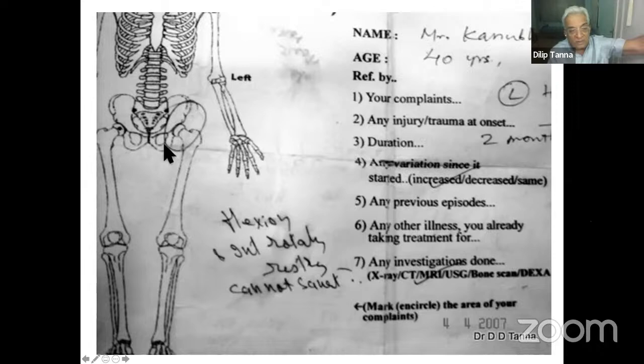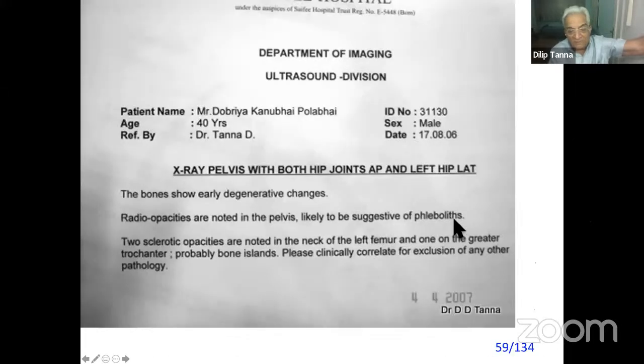Flexion and internal rotation restricted, and he cannot squat. I have this sort of OPD paper where I mark it so that I know I'm talking about the left hip, and the main gist of the thing comes here. Flexion and internal rotation restricted. Now, this was the ultrasound of the pelvis with both hip joints and the left hip joint. Bone shows early changes. Radio-opacity is noted in the pelvis, likely suggestive of phlebolith. Sclerotic opacity is noted in the neck of the femur and greater trochanter, bone island.